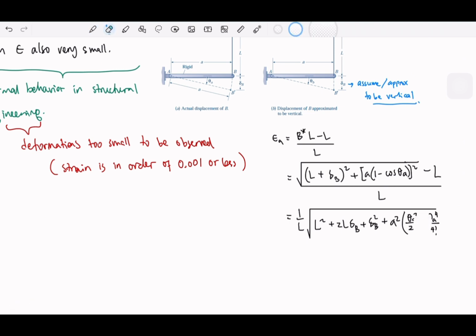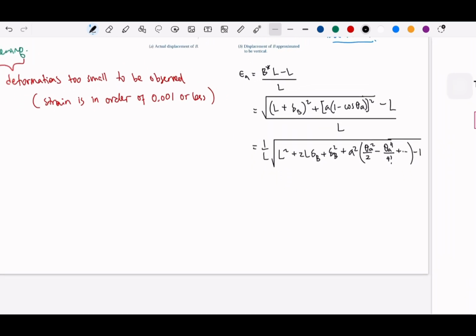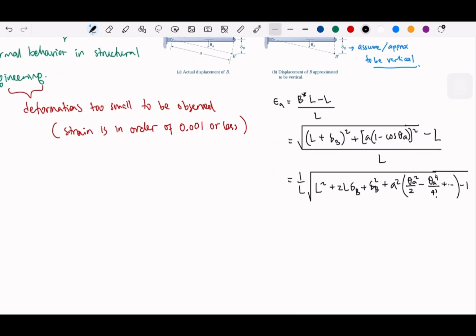The Maclaurin series. This is positive, minus positive, and minus 1. And we can ignore the squared term.